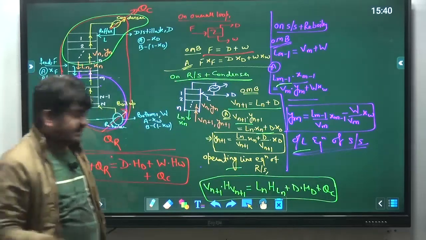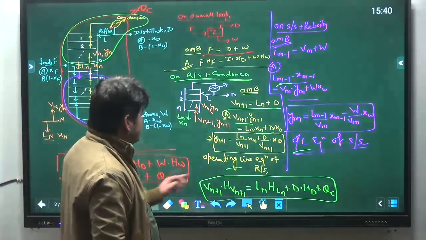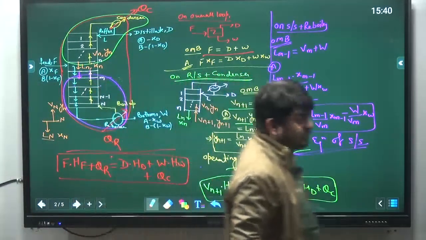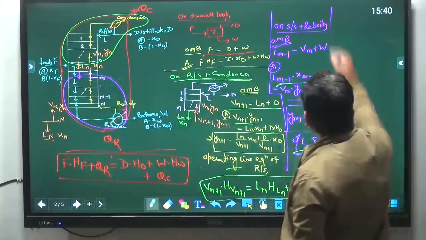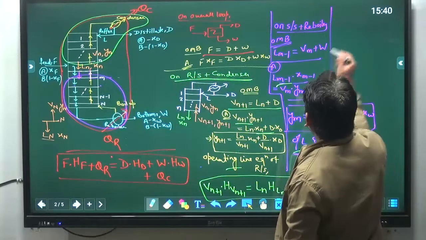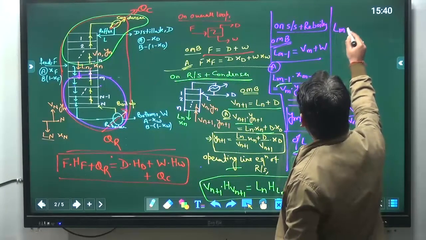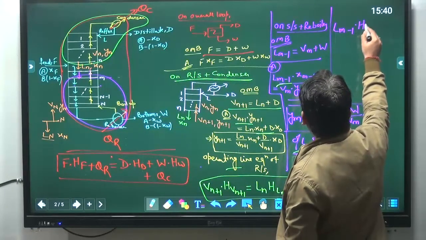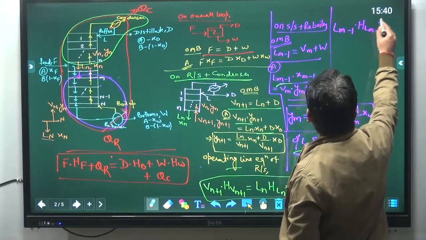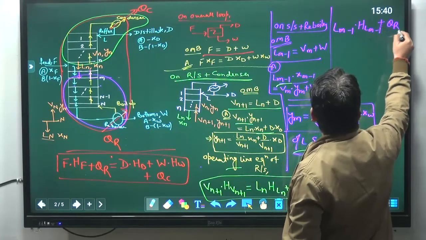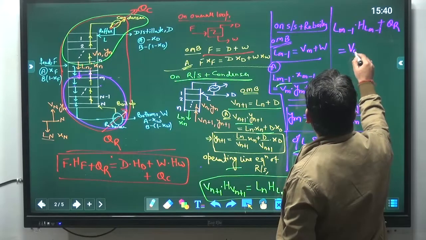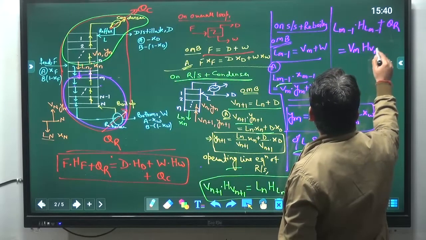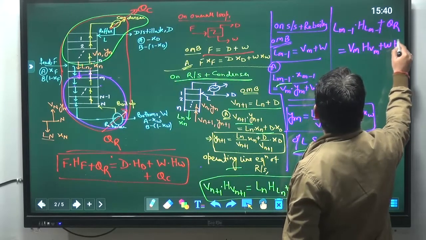rectifying section plus condenser. Now for the stripping section plus reboiler, the energy balance equation will be this. Total energy in: Lm-1 into HLm-1 plus QR, equal to Vm into HVm plus W into HW.